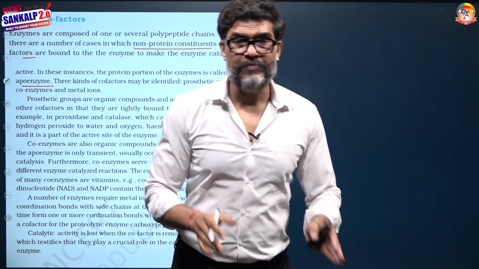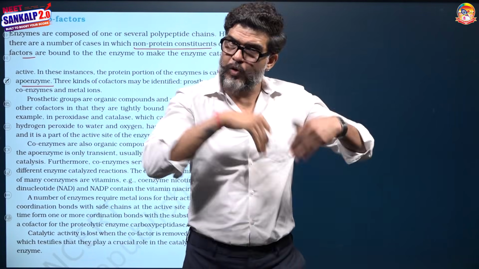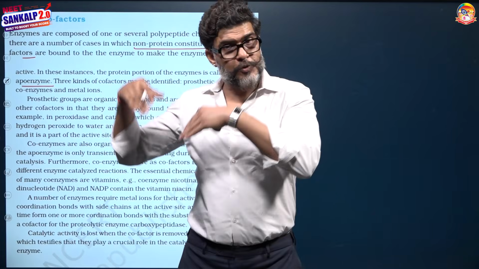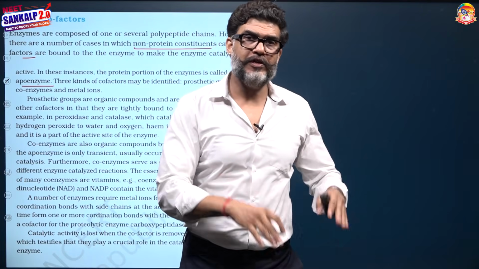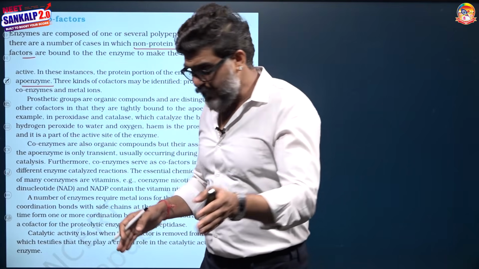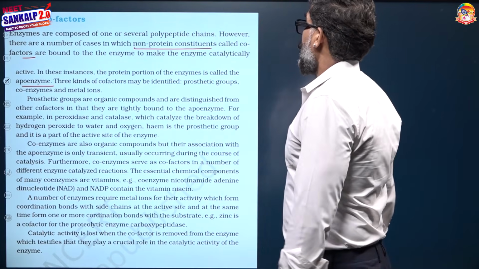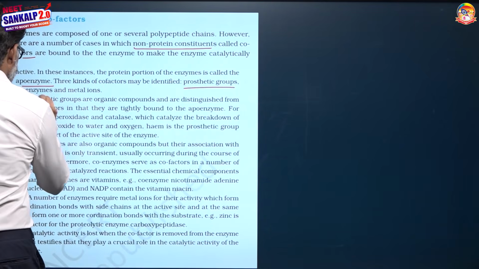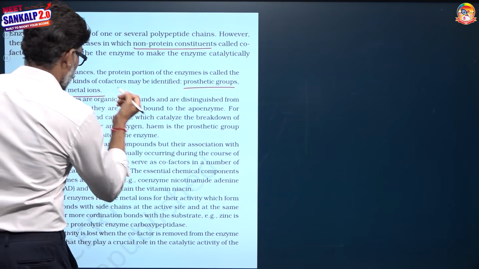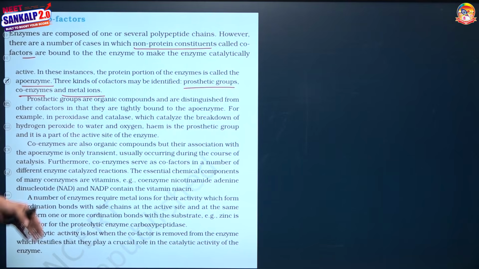There are some enzymes in which, besides the protein part, a non-protein part is also involved. The protein part is known as apoenzyme and the non-protein part is known as cofactor. These cofactors are of three types: prosthetic group, coenzyme and metal ion. What are prosthetic groups?